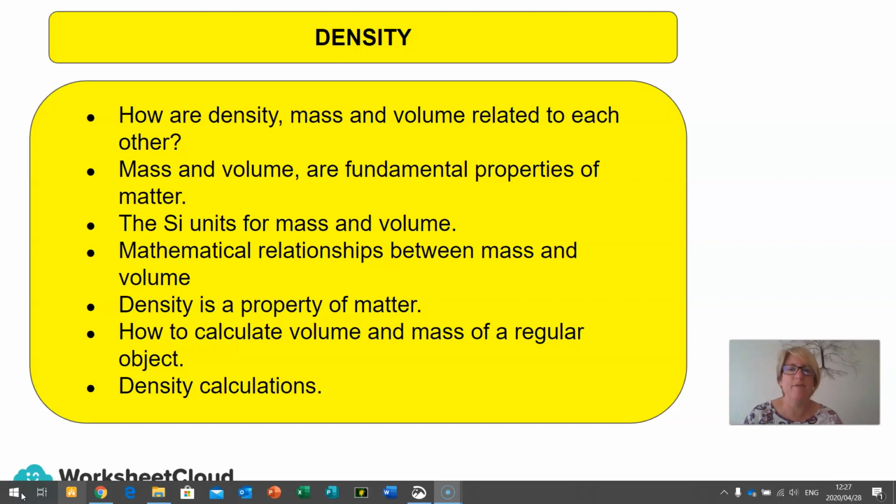We're going to have a look at the mathematical relationships between mass and volume, and that density is a property of matter. I'm going to show you how to calculate volume and mass of regular objects, and we're going to have a look at some density calculations. This is just an introductory lesson on density, and we'll cover density in the next maybe 4 lessons.